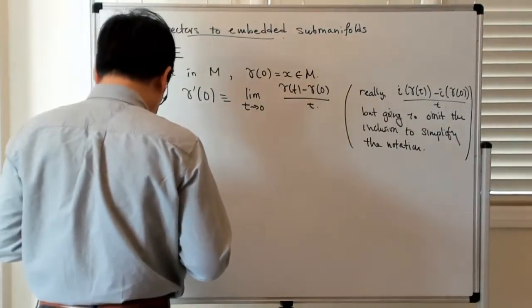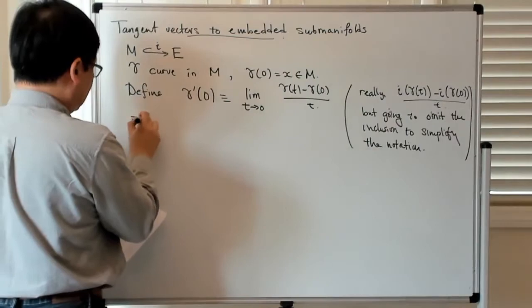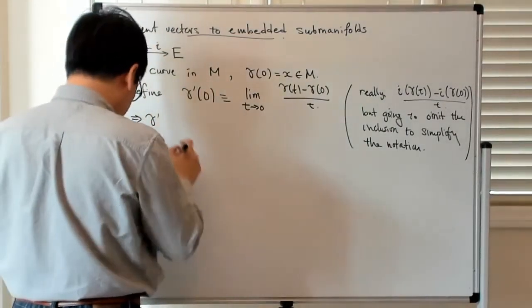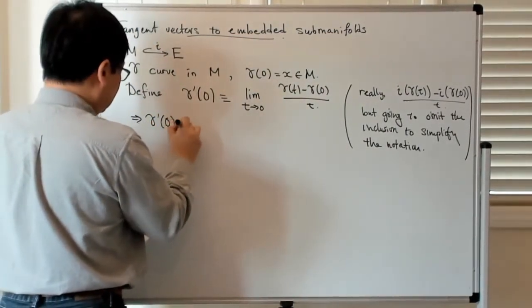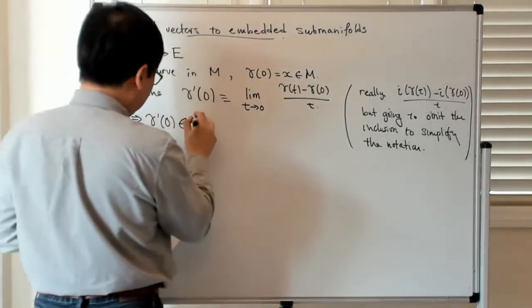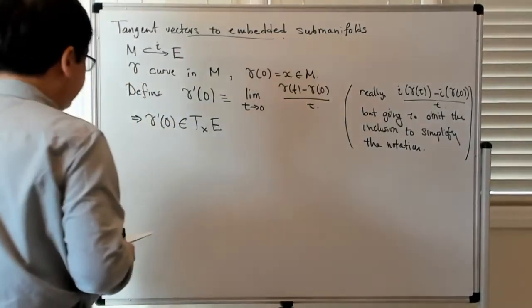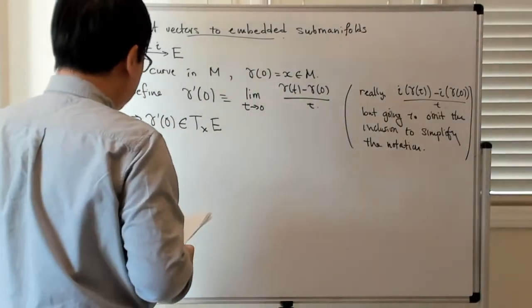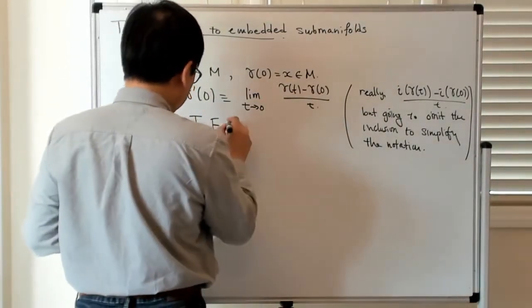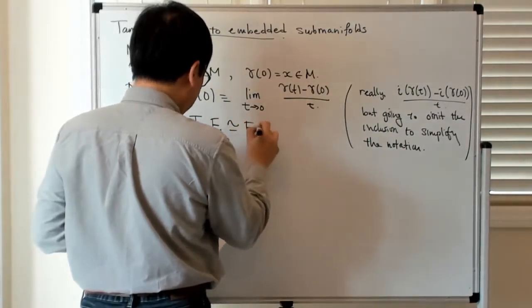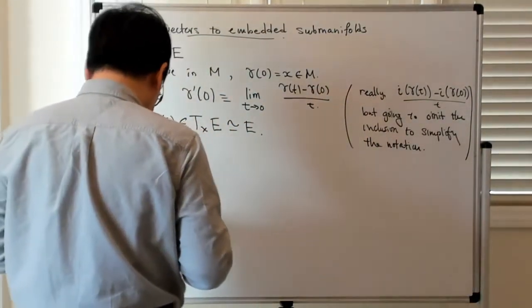So in any case, this means that gamma prime at 0 is an element of the tangent space at x of the vector space, which I can again identify with the vector space itself.